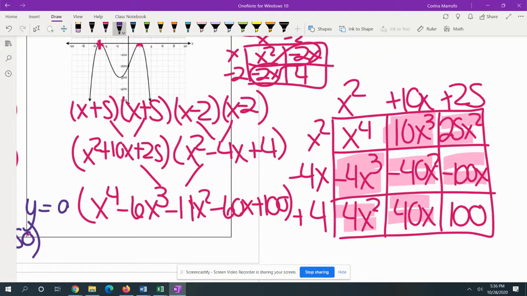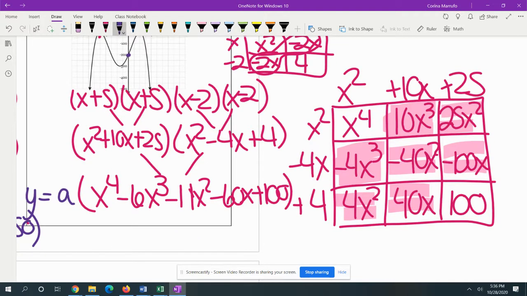Y equals A times, we figure out what A is. And so A, we're going to go ahead and use this point that they give us. That point, our Y value is negative 200, and our X value there is 0. So it's going to be negative 200 equals A times. We don't know what A is, that's what we're looking for. And everywhere where we see an X, we are going to plug in a 0.